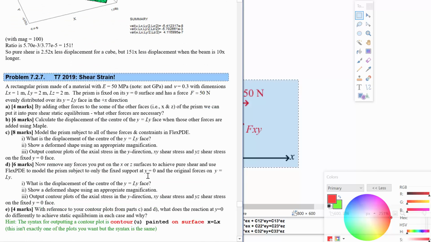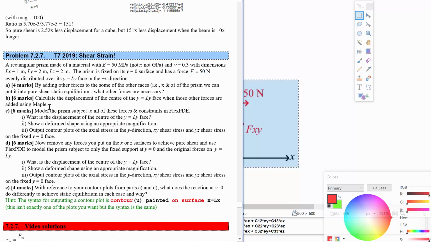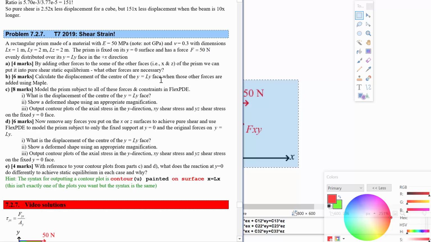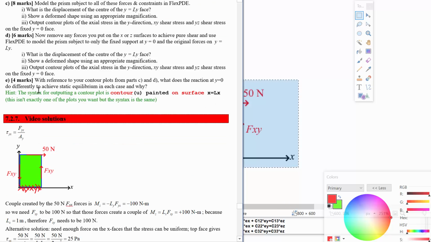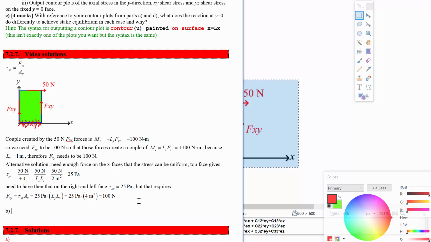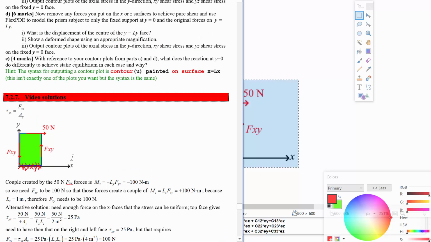So that's part A. Let's see. Part B is going to be calculate the displacement of the center of the y equals Ly face when those other forces are added using Maple. So when those other forces are added, then we've got the thing in pure shear.